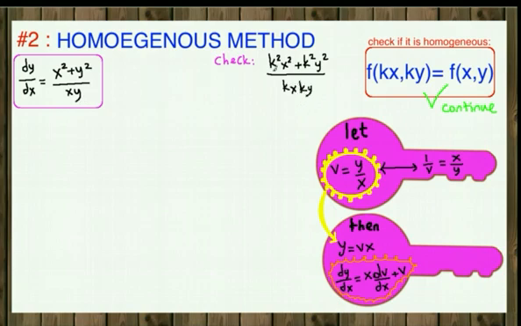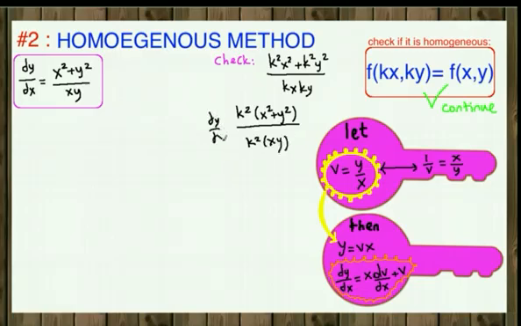Now, on top, we can factor out k squared: k squared times x squared plus y squared. And on the bottom, k times k is k squared, and xy is left inside.